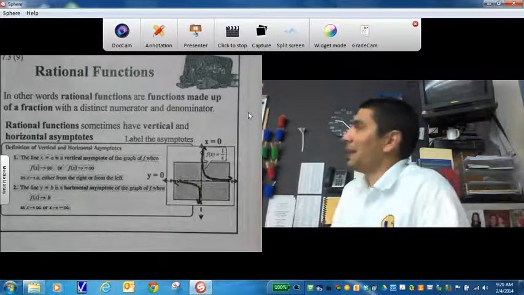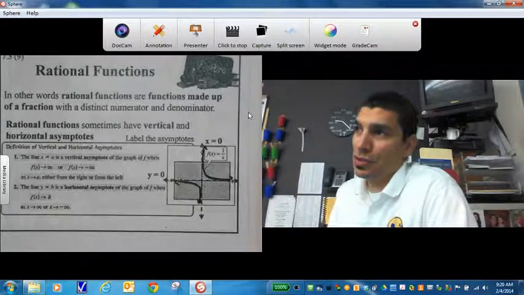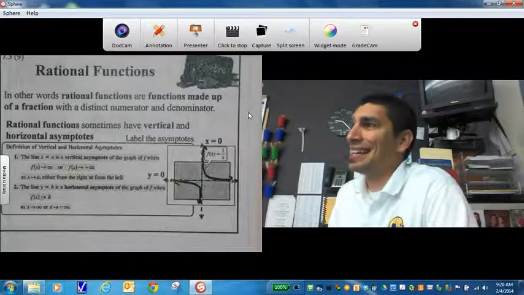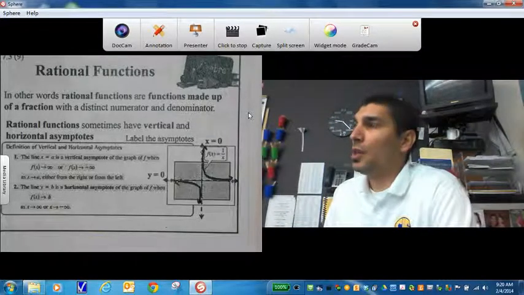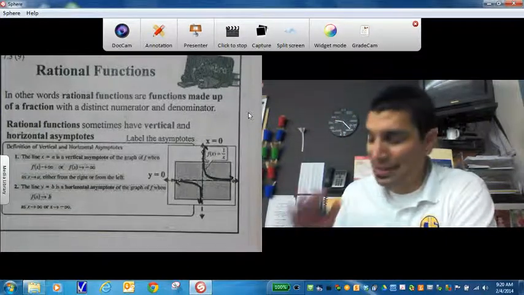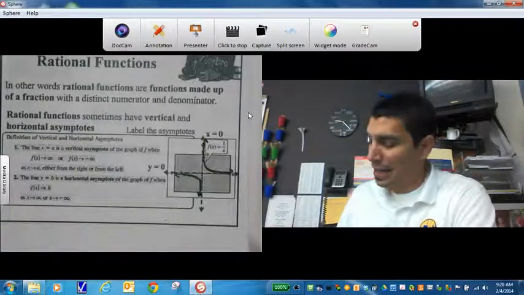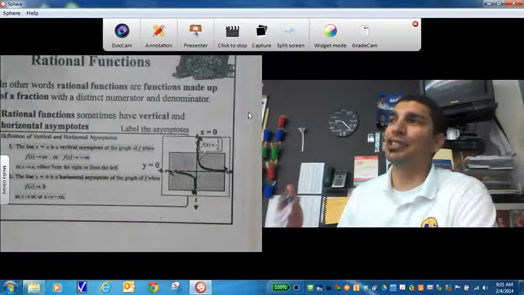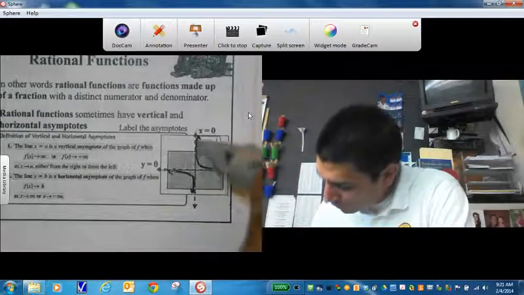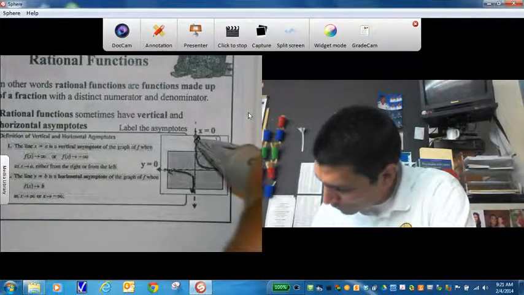And it was kind of trapped by a couple of asymptotes. Asymptotes were boundary lines that the graph approached. Well, we're going to give that an actual definition this time around. We're going to actually say what an asymptote is. But before we do that, let's look at this graph and show where those asymptotes are. The graph of 1 over x had a vertical asymptote.